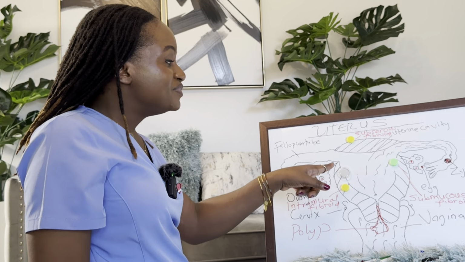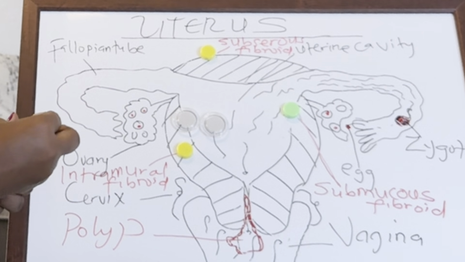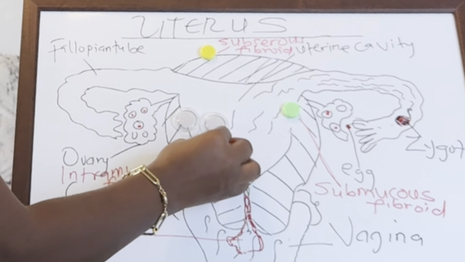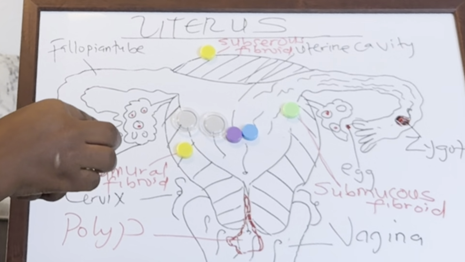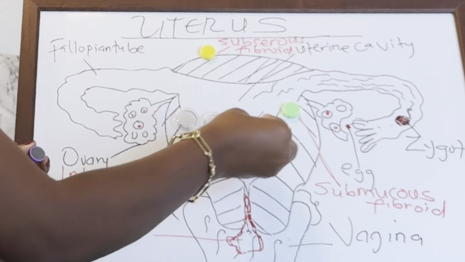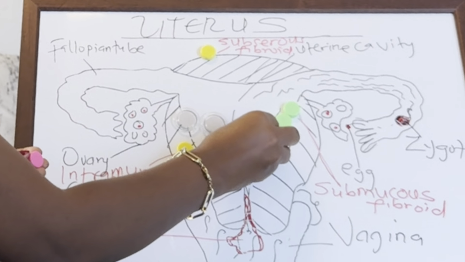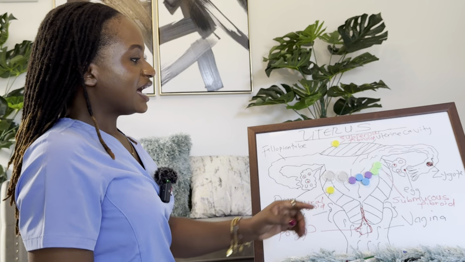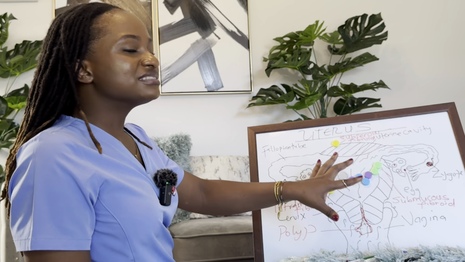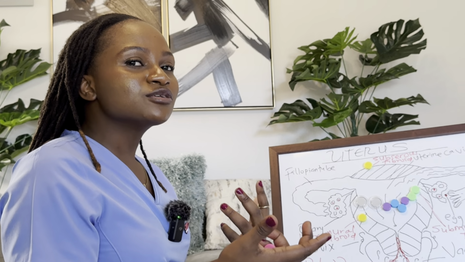So imagine your baby is growing here and growing and growing, and your fibroid is growing at the same time. At some point, there will be no space. And if there is no space, it can prevent the baby from growing the way the baby is supposed to grow and can lead to complications like death of the baby inside the womb.